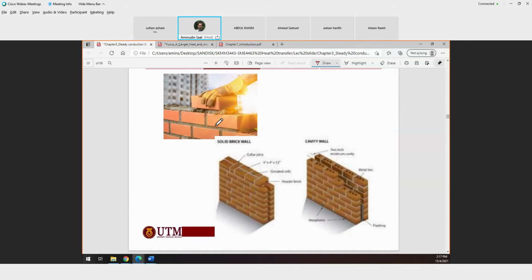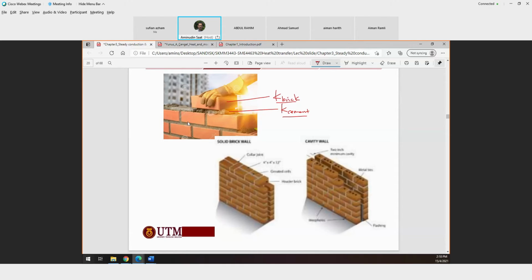So in order to consider this kind of system, you may have a different K. That means the brick has a different K from the cement. Let's say this is K for the brick, this is K for the cement. In order to study the total resistance of this particular wall, if we want more detailed calculation, then we have to consider K cement and K brick, which are slightly different but not too much.